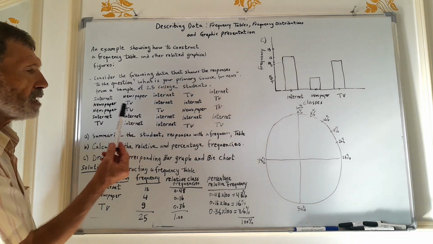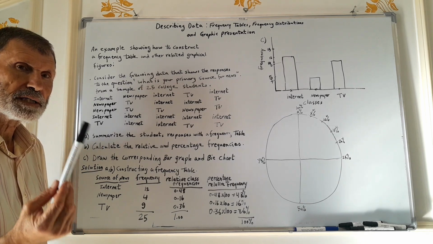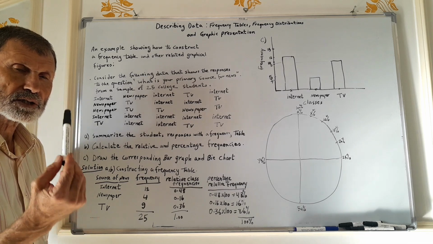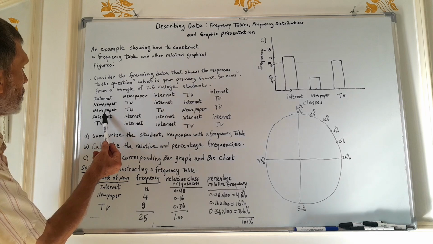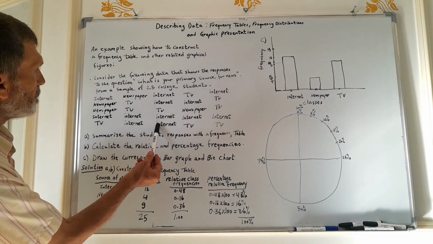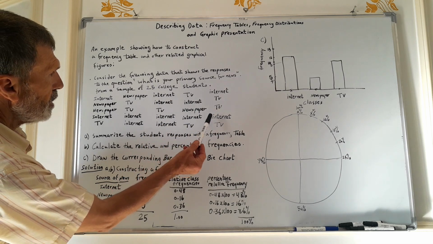Now, how many college students responded that the internet is their primary source of news? One, two, 3, 4, 5, 6, 7, 8, 9, 10, 11, 12.